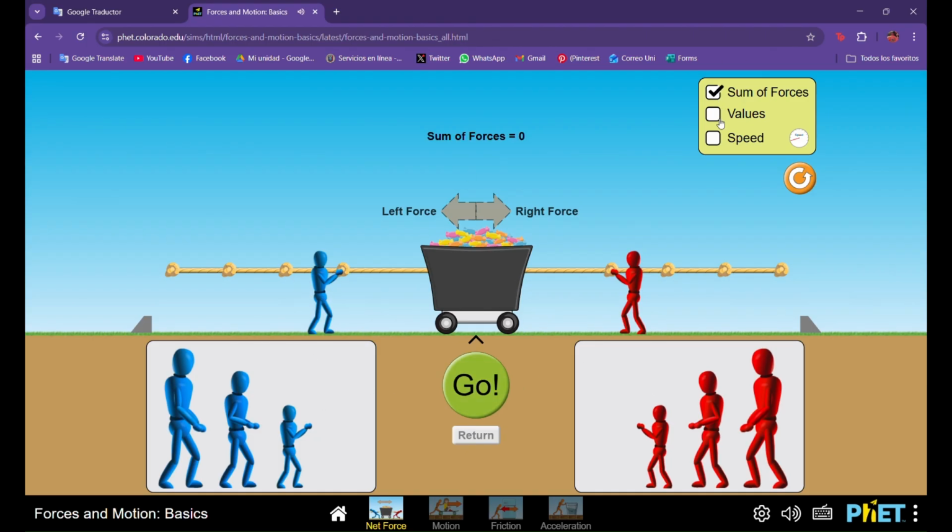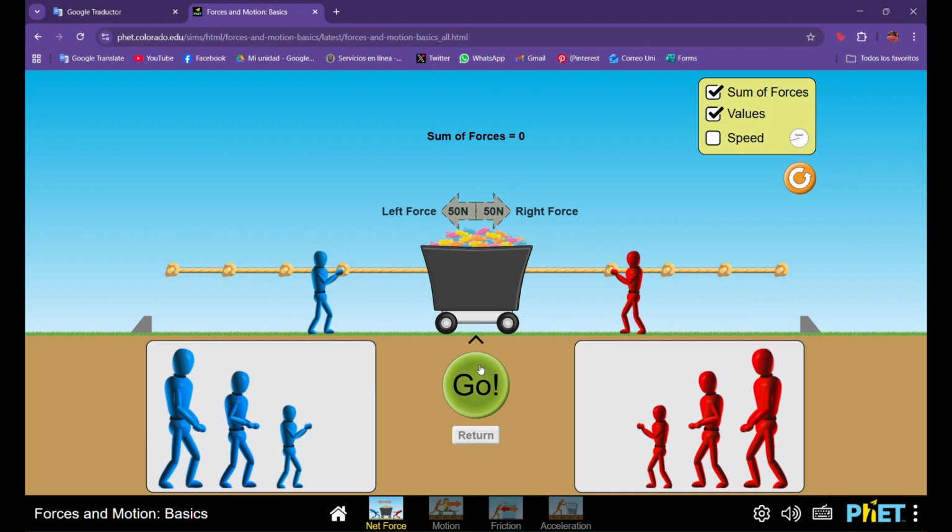Let me show you the sum of forces and the values; the speed is not necessary. Here you can see that both of the guys are exerting the same force, which is 50 newtons.